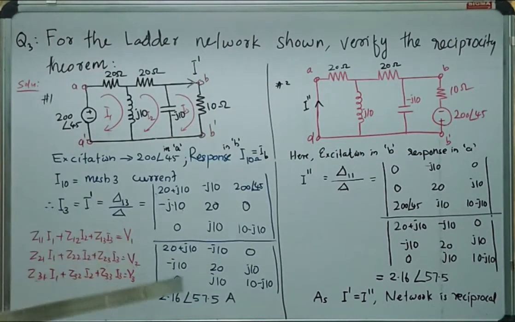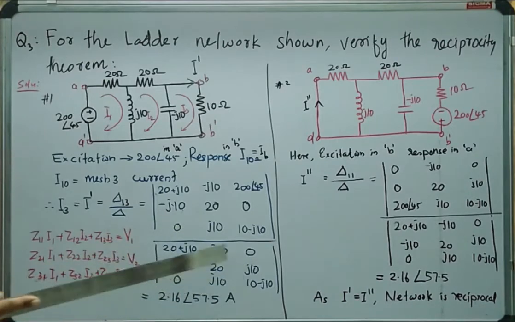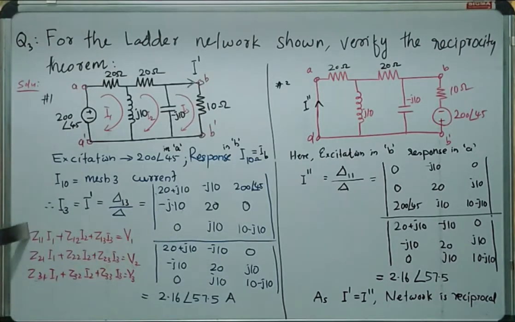So this matrix, the denominator matrix, is just the coefficients alone: Z11, Z12, Z13, Z21, Z22, Z23, Z31, Z32, Z33. Let's see how we got this matrix. First of all, let's consider the diagonal entries. Diagonal entries are the sum of impedances in the respective mesh.